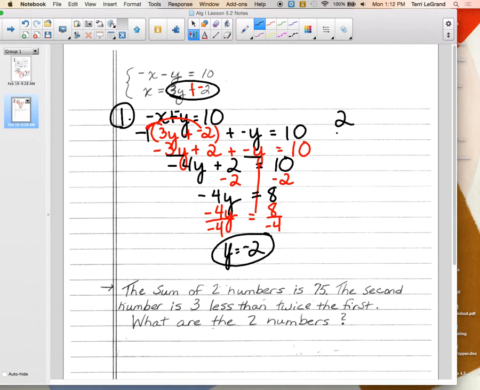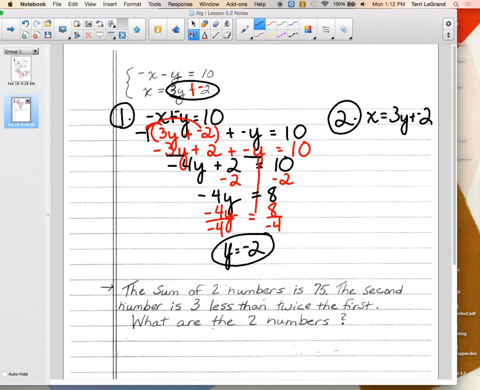Step 2. Which equation should we use to find our x value? The other one, the x equals 3y. Yeah, the other one that we didn't use, I guess you could say. We did, but we didn't. It's set equal to x already. That's what we need to find. So we're going to use x equals positive 3y plus negative 2.